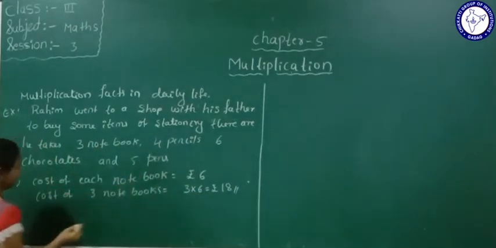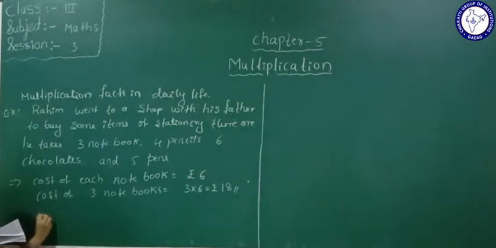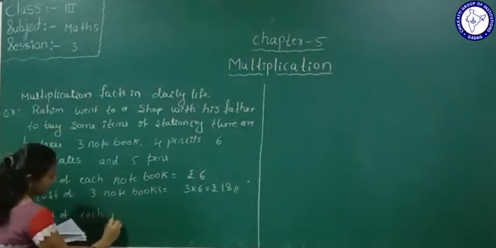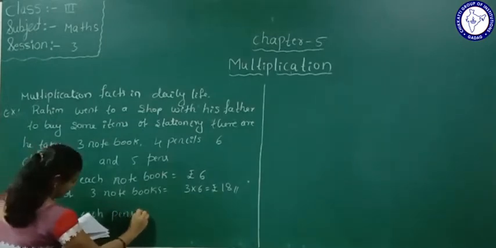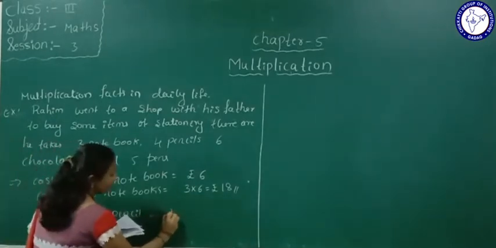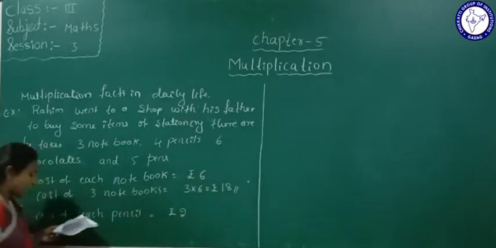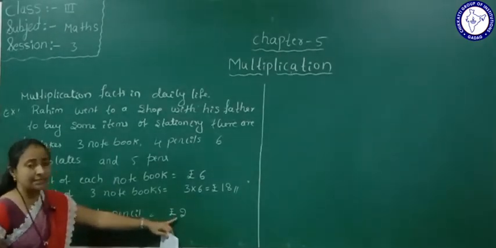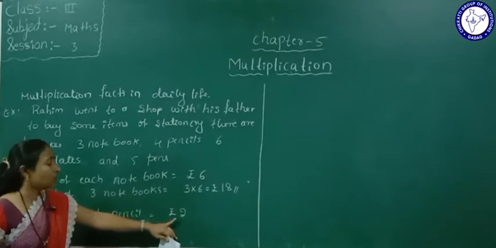So next one, pencil. The cost of each pencil is equal to rupees 2. One pencil's amount is how much? 2 rupees.